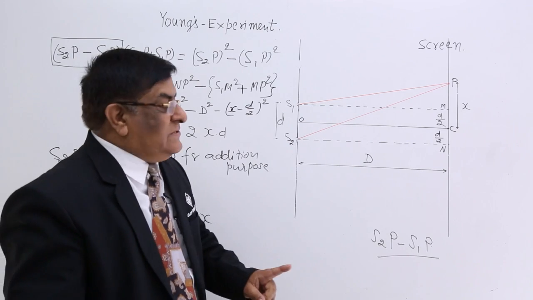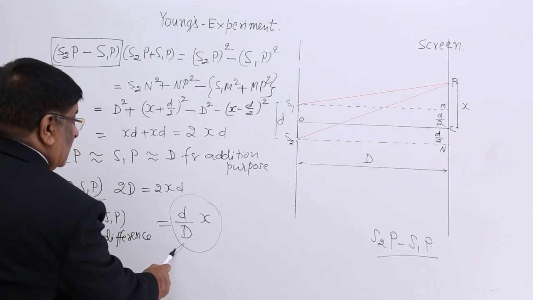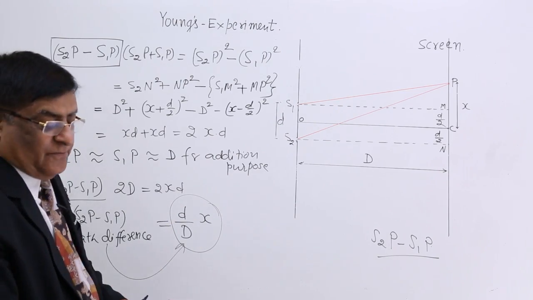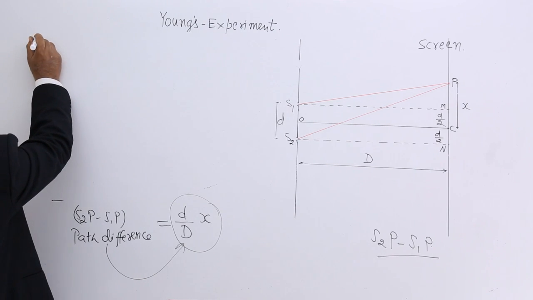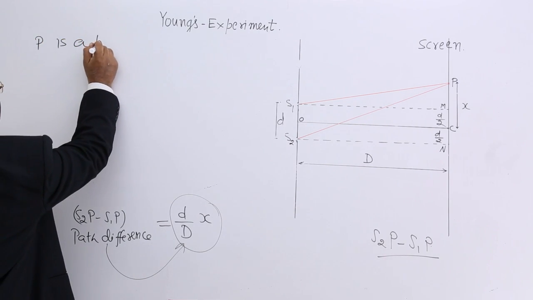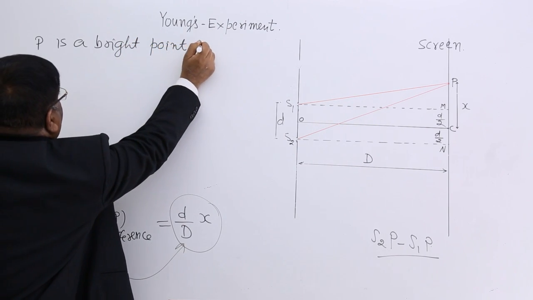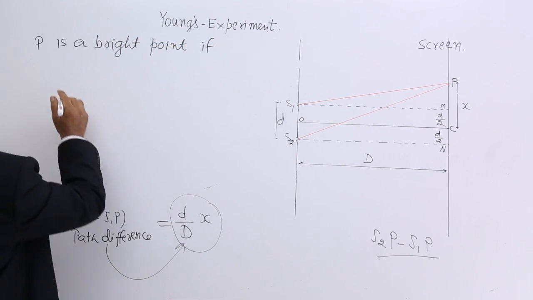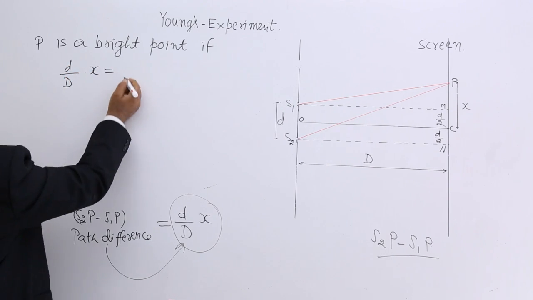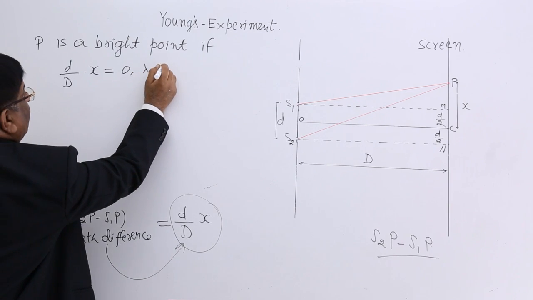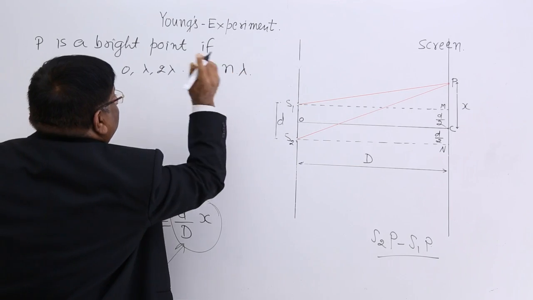And once we have got this formula of path difference, we will use this and proceed further. Point P is a bright point if d upon D into x is equal to 0, lambda, 2 lambda, general formula n lambda.